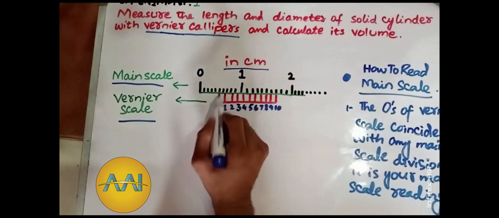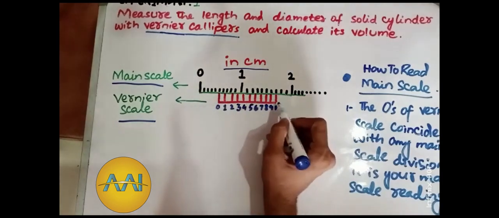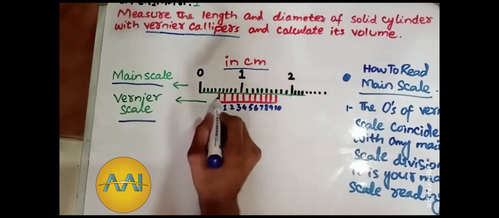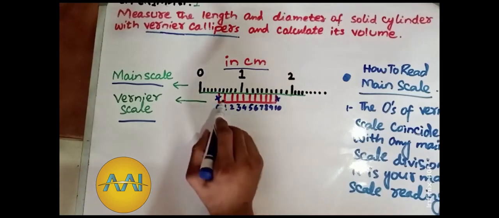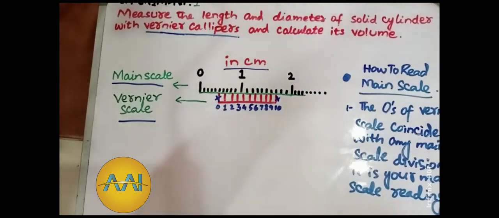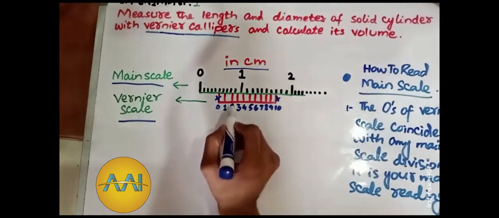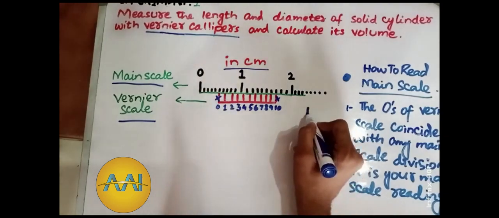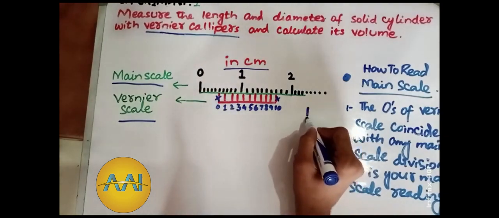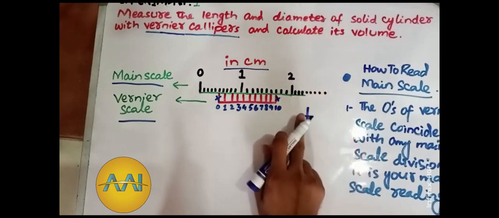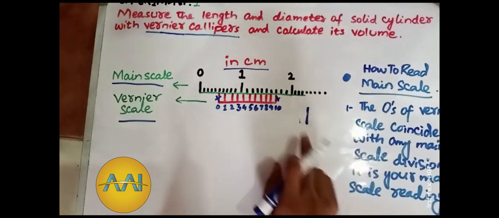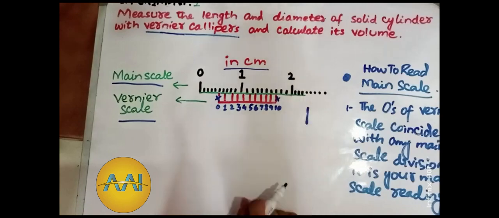Since 0 is coinciding and 10 is coinciding, we are not going to consider these two divisions. Except for these, we are going to consider the rest. So which one is coinciding? Best coinciding means the main scale division and the Vernier scale division are both coinciding in this way. So we will consider that division.